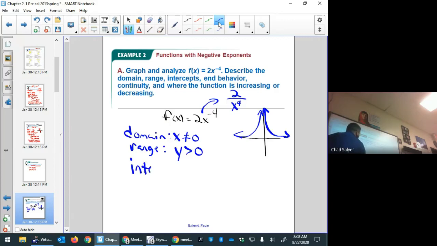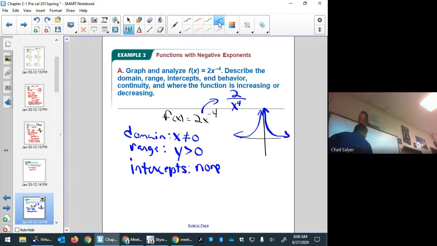Intercepts. There are none. It cannot touch either axis ever, as a consequence of x equals 0 being a discontinuity and y equals 0 being a value that this expression could never get to.